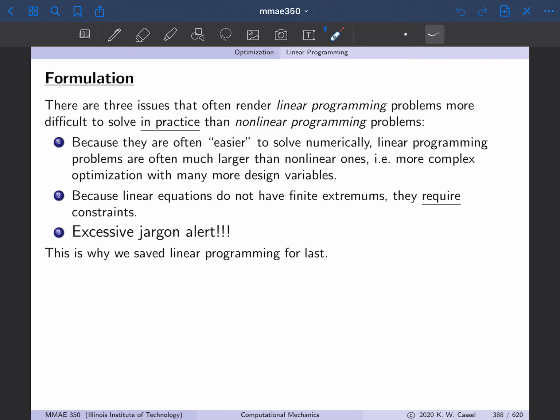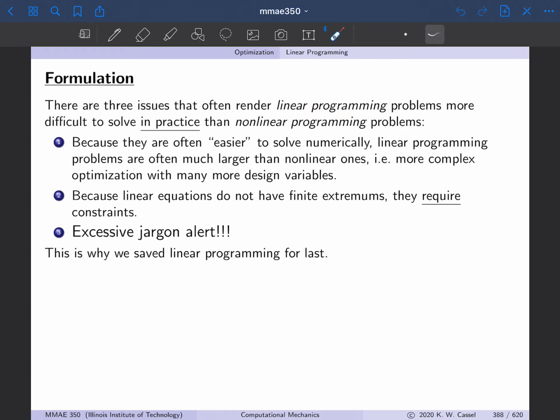But the reason we've done nonlinear first is because we could push off some of these more complicated issues in optimization that don't necessarily arise in nonlinear programming, but do necessarily arise in linear programming.